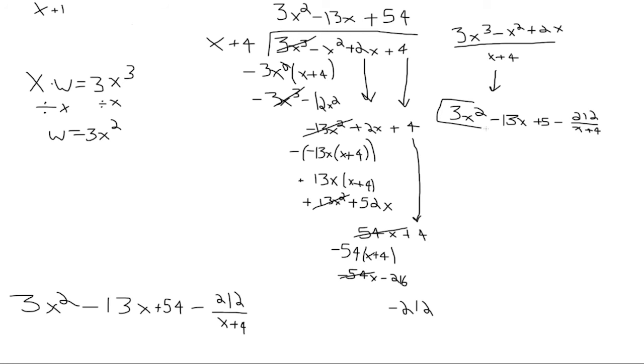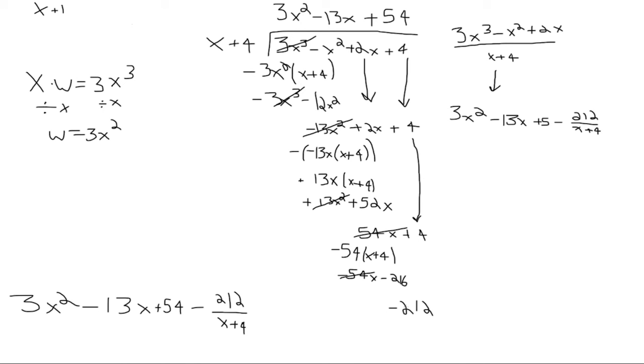There are going to be 3x squared x plus 4s inside this polynomial, right? That's not all the x plus 4s there are going to be, but there are going to be 3x squared x plus 4s. Now there are also going to be minus 13x x plus 4s inside this polynomial. Okay, so we have that. And there are also going to be 54 x plus 4s inside this polynomial, right? And we got all of that by subtracting different amounts of x plus 4s from this to get rid of its different parts, right?